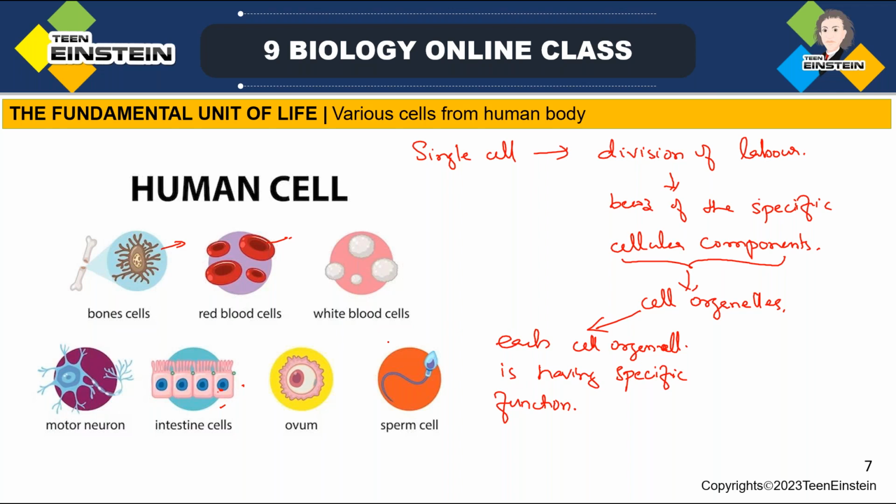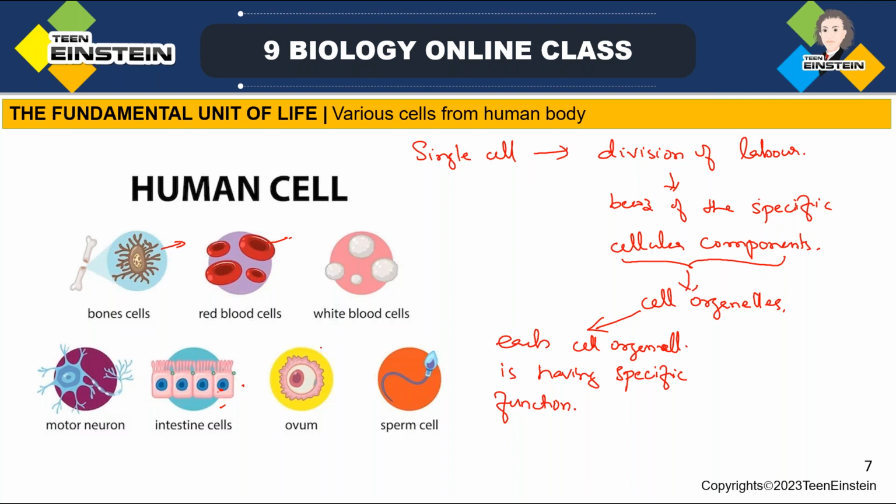Okay, so each cell can contribute its part. Each cell can work as a basic unit. That's why the cell is called the basic unit of life. See, in a group of bone cells, each and every cell will have the same components, but each cell will be performing its own duty, and together they are contributing a function.